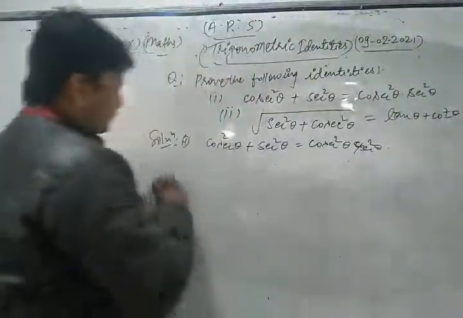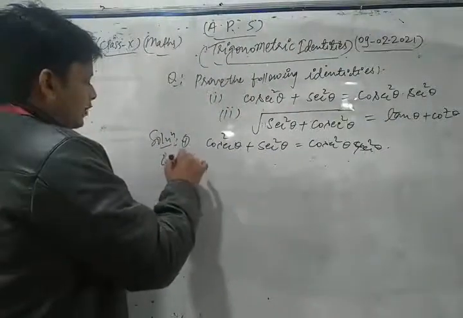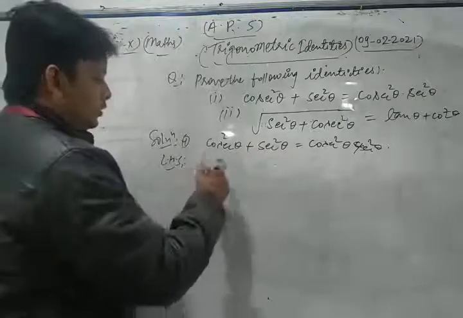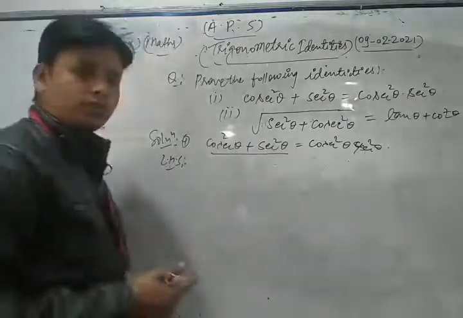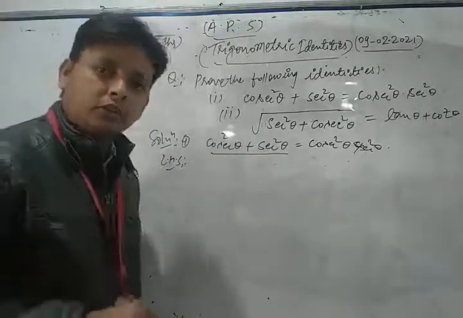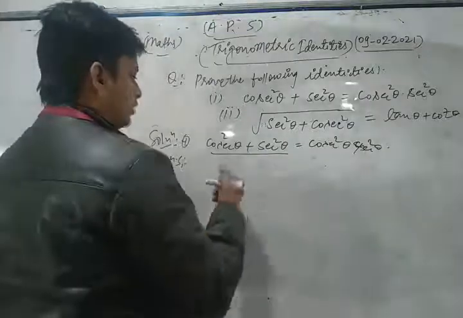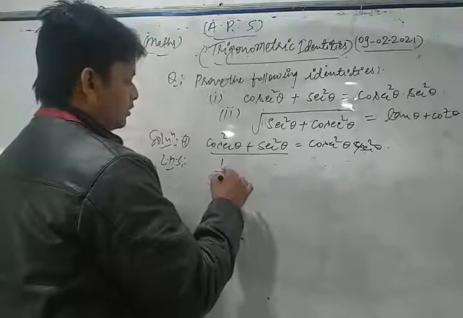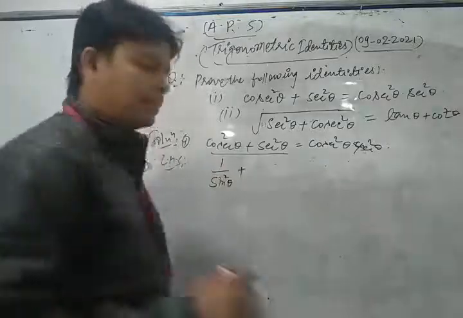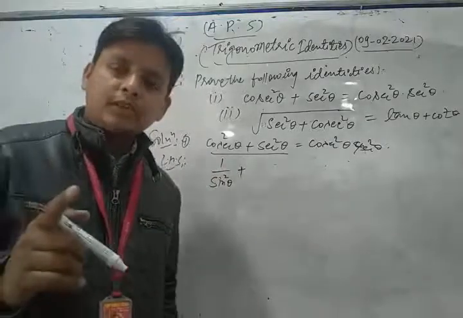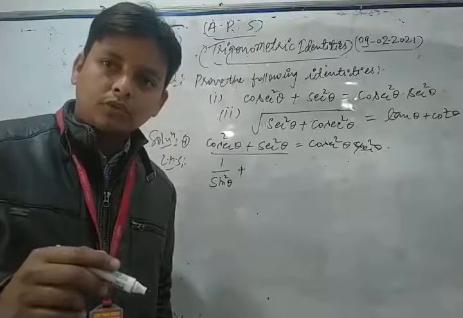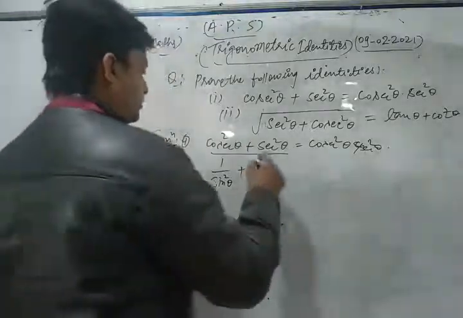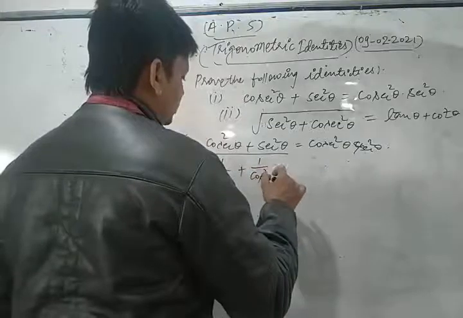Dear students, take the left hand side of the identity, which is cosec square theta plus sec square theta. First of all we convert into sine and cos. You know that cosec theta is equal to 1 upon sin theta, so we have 1 upon sin square theta. Similarly, we know that sec square theta is 1 upon cos square theta, so here we write 1 upon cos square theta.